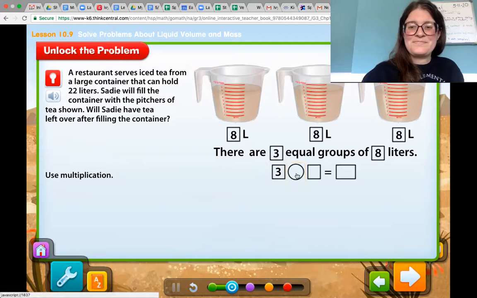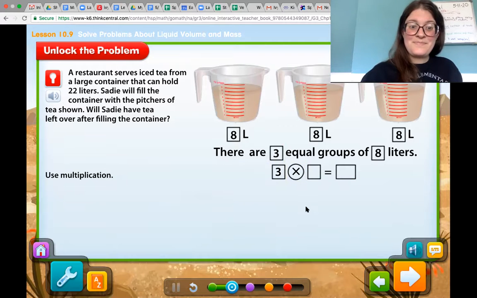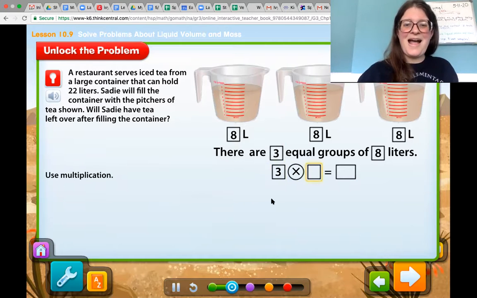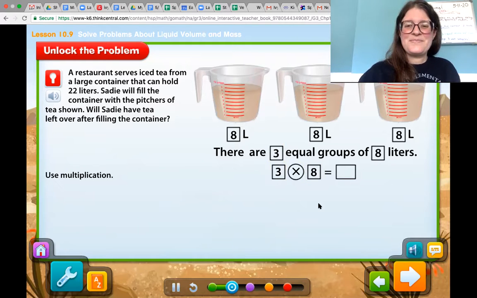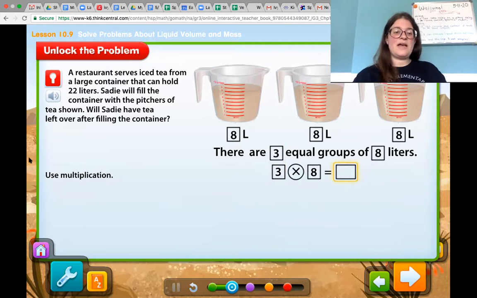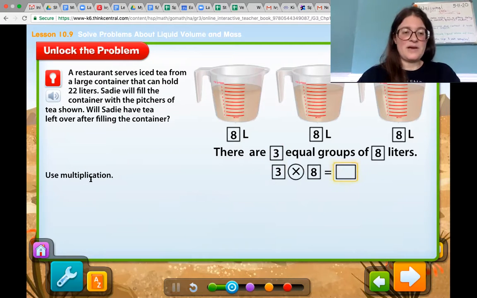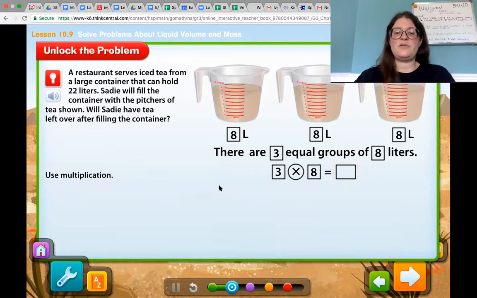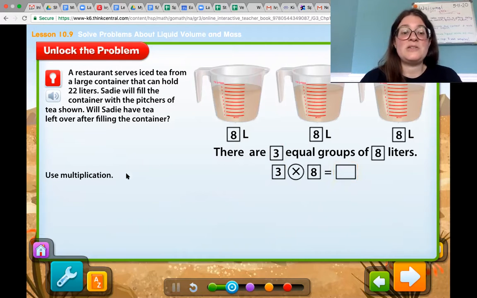3 times. So they did use times. 8 is equal to. Okay, now, if you haven't remembered about how to do multiplication, that's okay, because if you remember, we were talking about how multiplication is the same thing as repeated addition, adding something over and over.